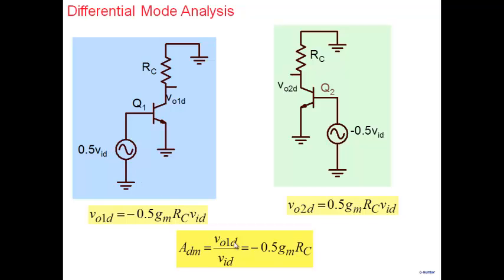So V01D by VID is minus 0.5 GMRC. So that becomes our differential mode gain. All right. The gain from this side is also the same. If I want to write V02 divided by VID, I'll get 0.5 GMRC, except that I'll get positive. So the voltage here and the voltage here are the same in magnitude, but opposite in phase.